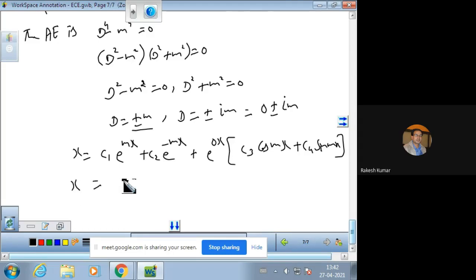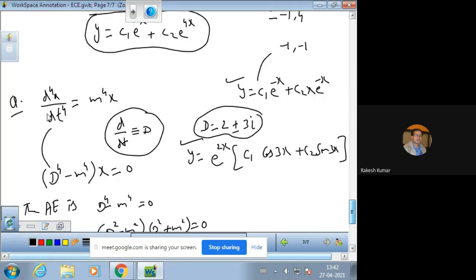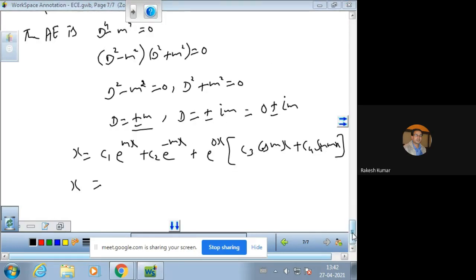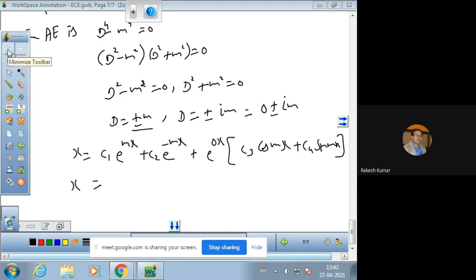This is the solution of the equation. So this is C1 e raised to power mx plus C2 e raised to power minus mx. Sorry, we need not take x here. The independent variable was t. Just see the equation. The independent variable was t and the dependent was x. So in place of this x, you need to use t now.